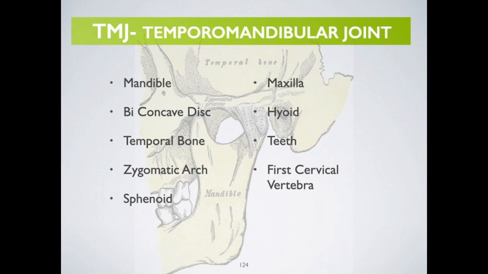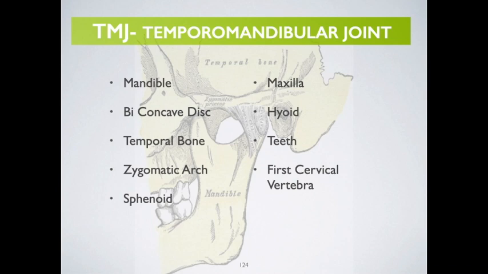The big ticket anatomical items involved with TMJ are as follows. Of course, the mandible, the biconcave disc, which rides between the condyle of the mandible and the temporal fossa, where the TMJ articulates. The temporal bone, obviously, zygomatic arch is involved.